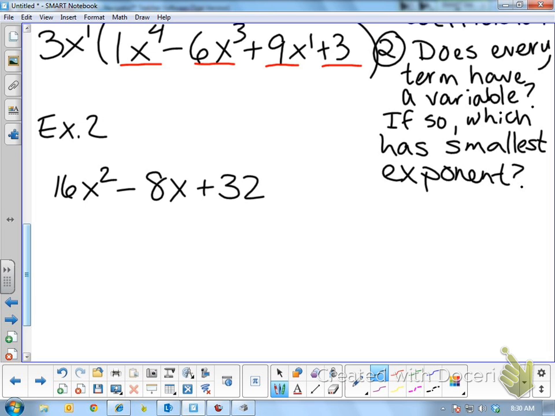So we still have to consider both. We have to consider, is there a number that divides into everything? And does every term have a variable? We should ask ourselves those two questions every time.